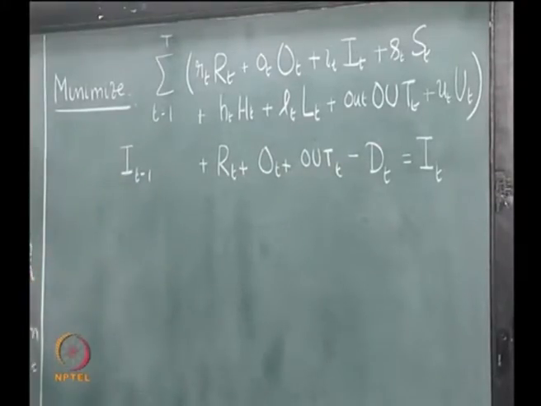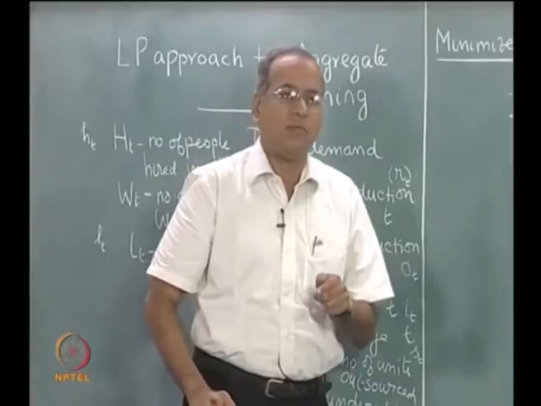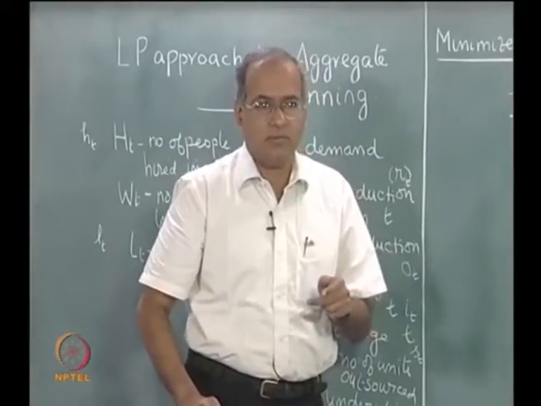Now, we also know from linear programming that every unrestricted variable can be represented as a difference of 2 variables, both greater than or equal to 0.